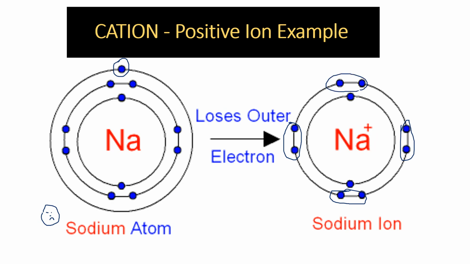So if we lose that outer electron, we default to that energy level number 2, which has 8. Now, because we lost a negatively charged particle, we are now an ion. So we're positively charged because we lost a negatively charged particle. And this is an ion. We no longer have an equal number of protons as we have electrons, so we are an ion.